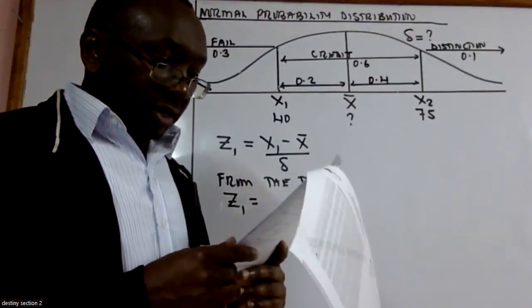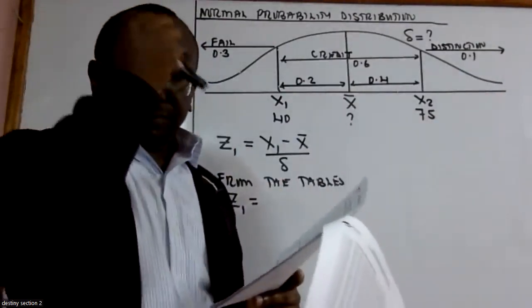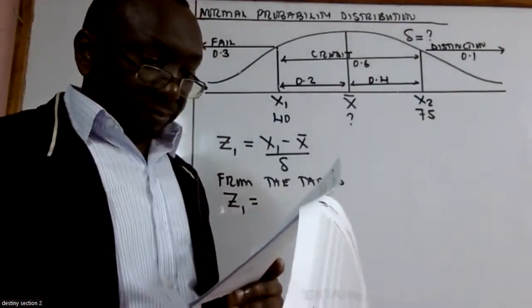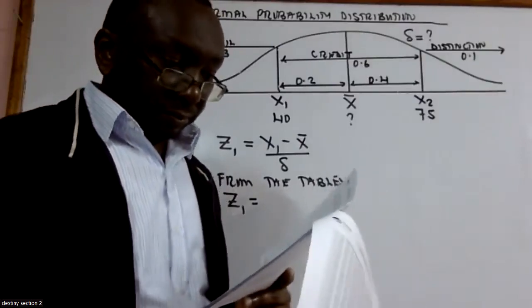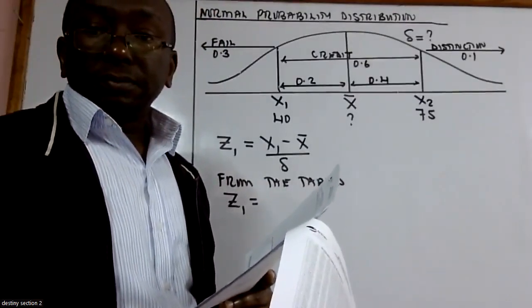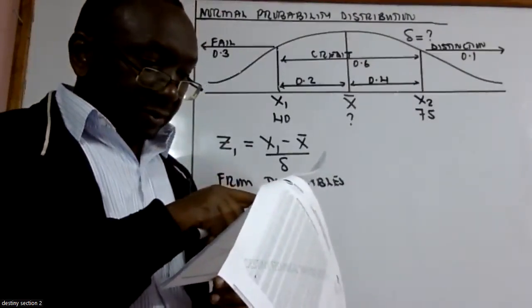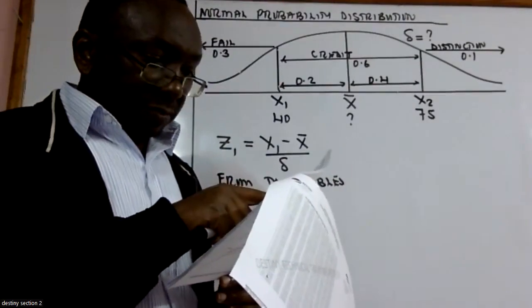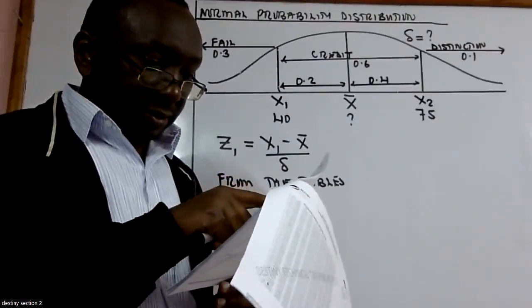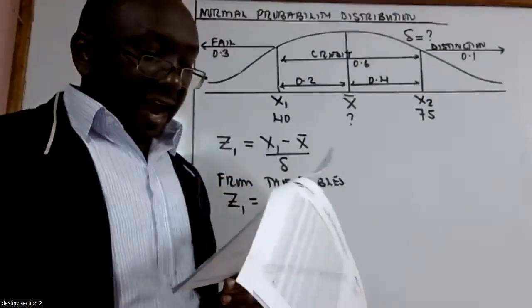Tell me what you will take, the value on the row and the one on the column. 0.05. 5.2. You can either take 5.2 or 5.3.